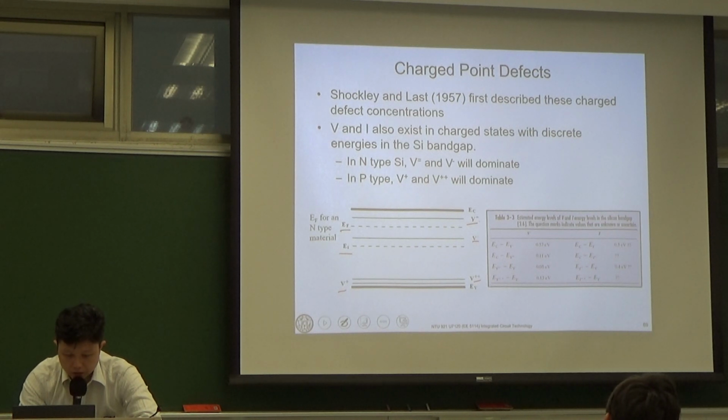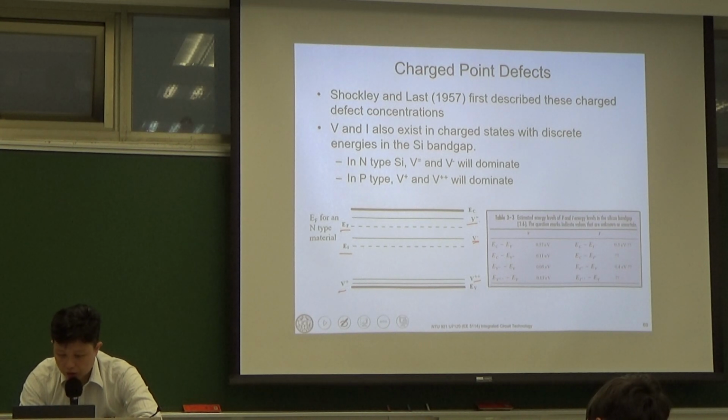In this illustration, you can see E_F is closer to your conduction band, which means it's an N-type material. For the states below your Fermi level, there is a high probability that you can find electrons populating them, so you can find the electron more easily in these states.